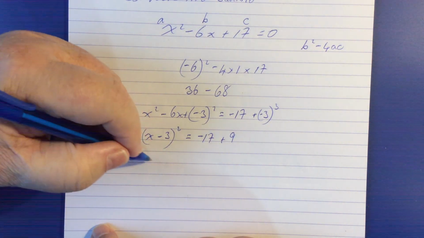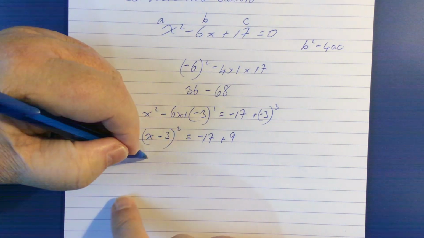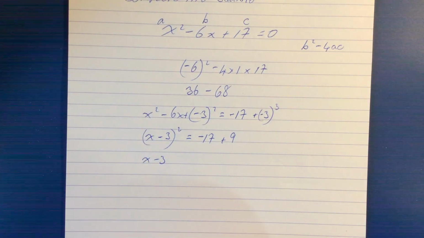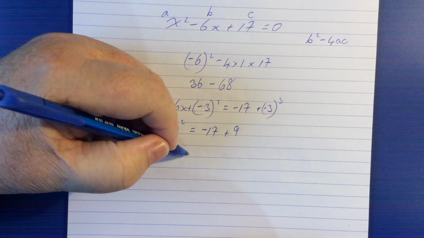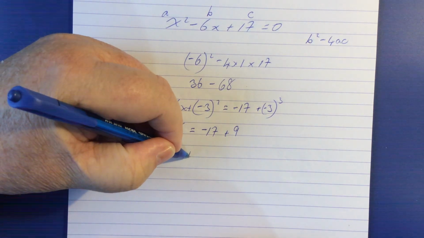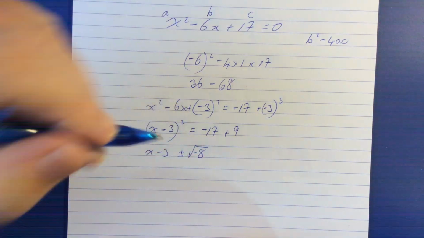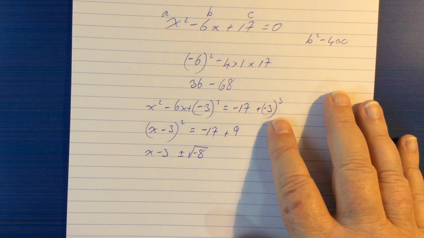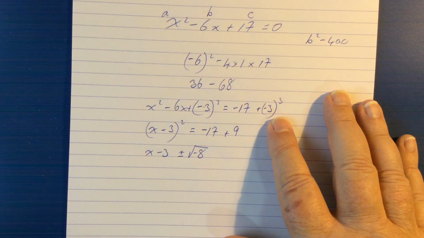So what do I get when I take the square root of all this? Well, I get x minus 3, the process being that we take the square root of each side, plus or minus the square root of -8. Now, there are several warning signs. We already know that this side of the equation is going to be negative.